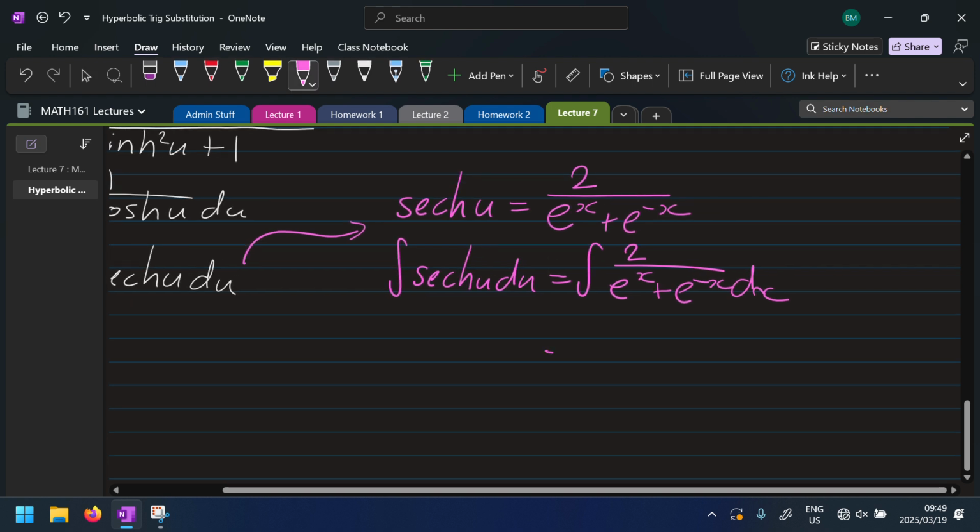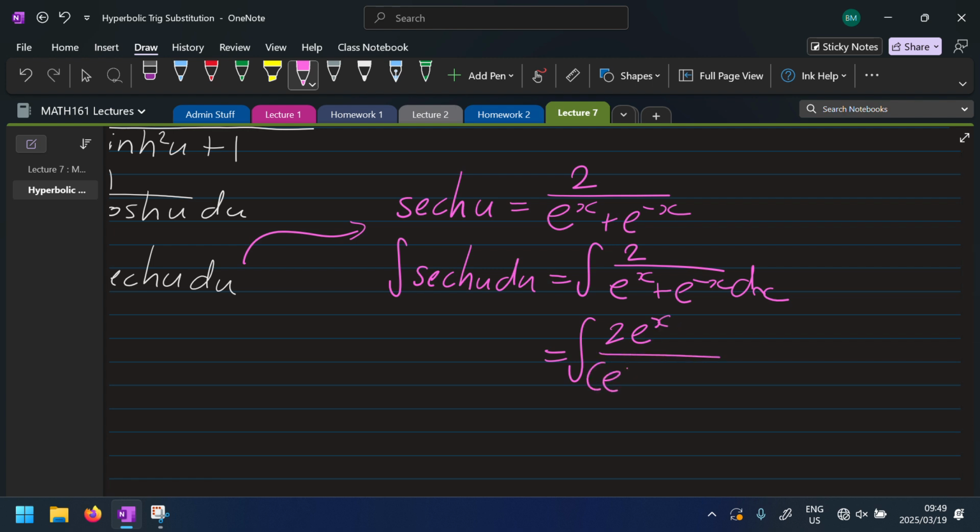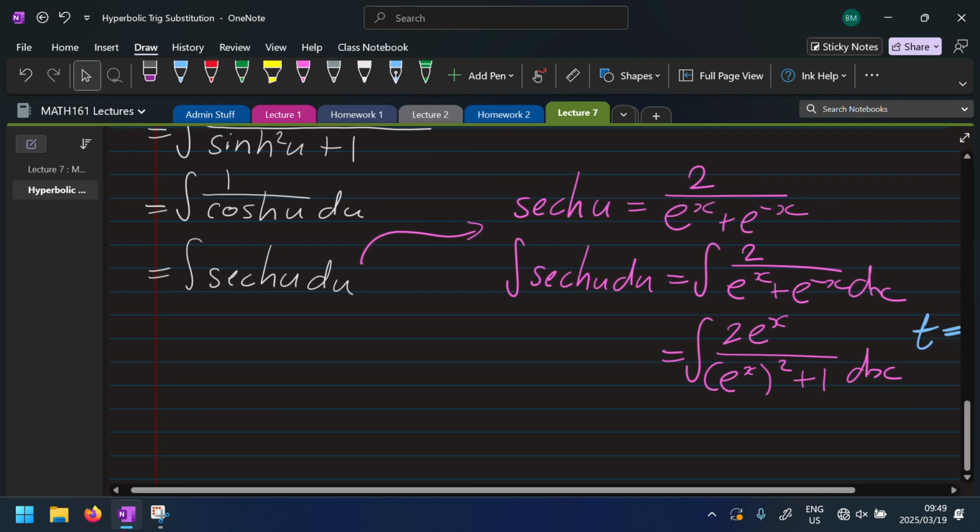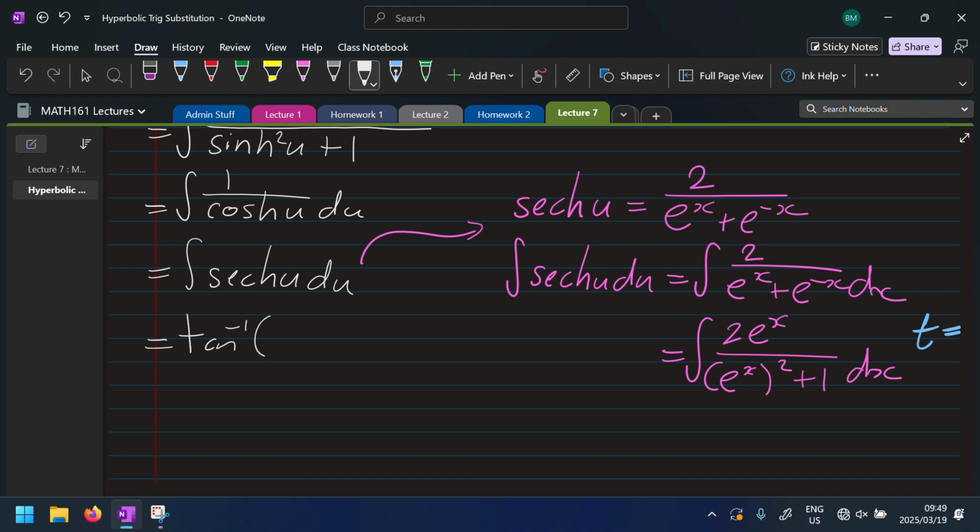We'll just go through it quickly here. That will be 2 e to the u over (e to the u) squared plus 1. Then you would have to do a t equals e to the u substitution. You can do that again if you didn't do the homework, but you end up with this being tan inverse of sinh u.